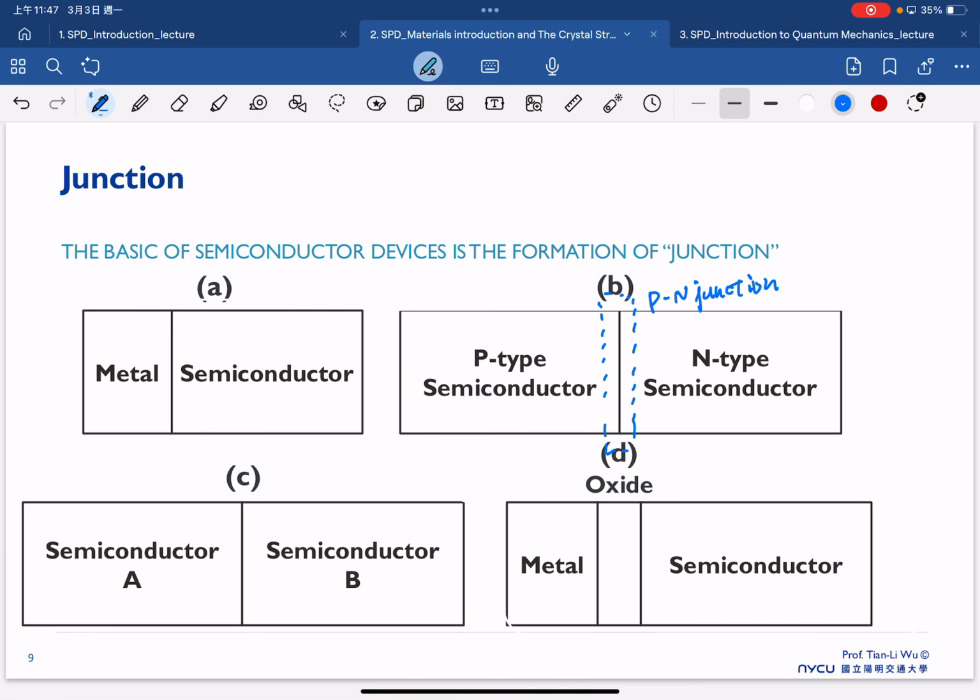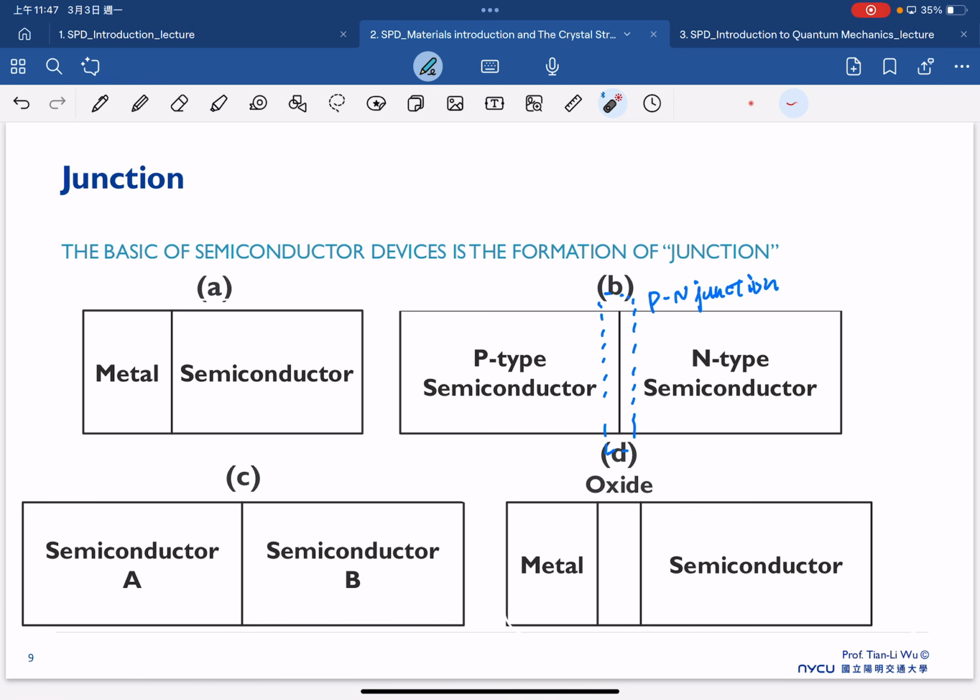But in reality, we can put everything in our semiconductor. It's not only limited to one kind of doping. We can also put metal on top of the semiconductor, so then we will have the junction in between. Also, we can put two completely different kinds of semiconductor together.